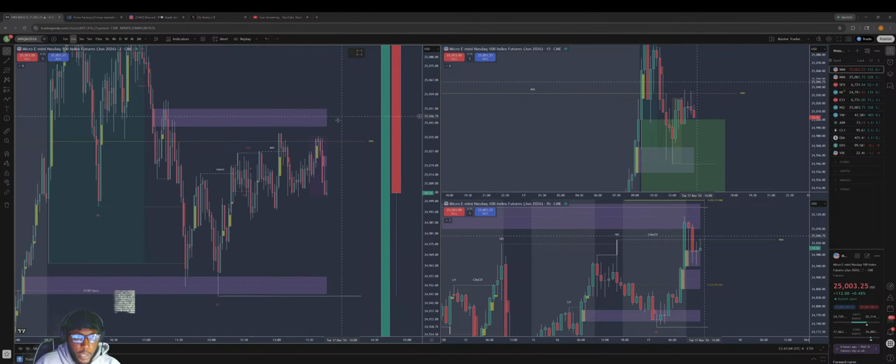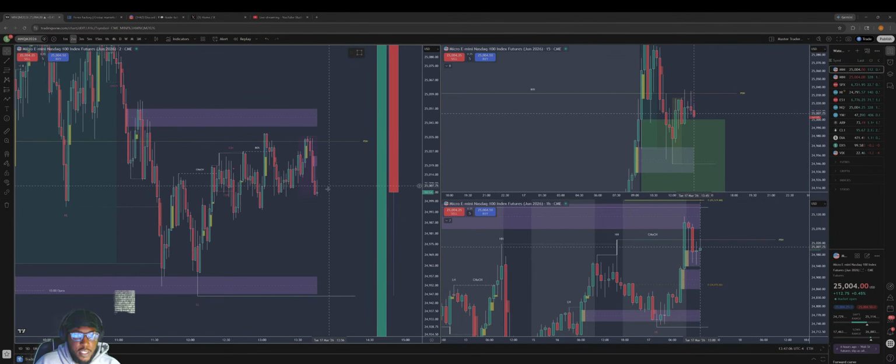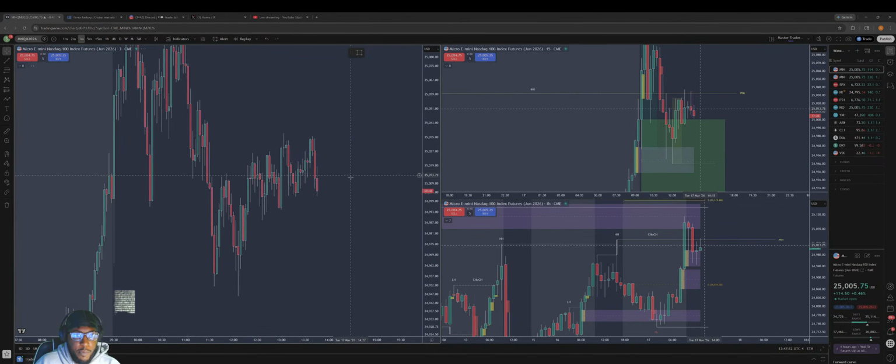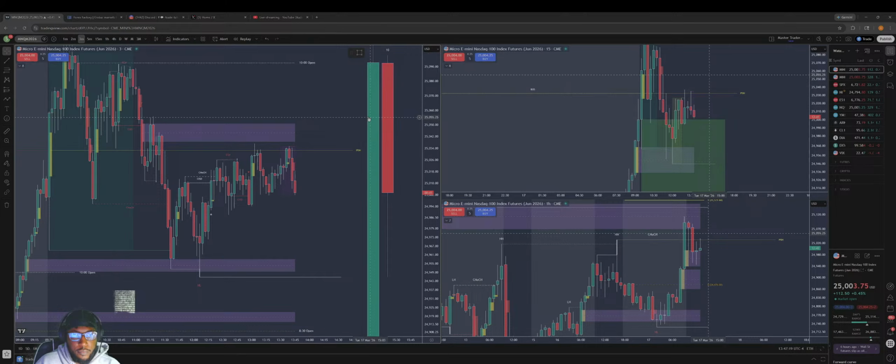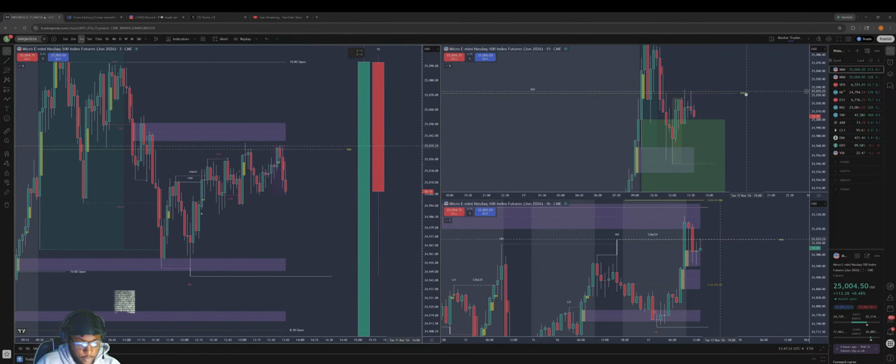And that's kind of what I'm waiting on right now. I'm waiting to see if we can get some nice momentum and kind of show me that, hey, we definitely want to go lower to this potential gap right here. That's what we're waiting on.